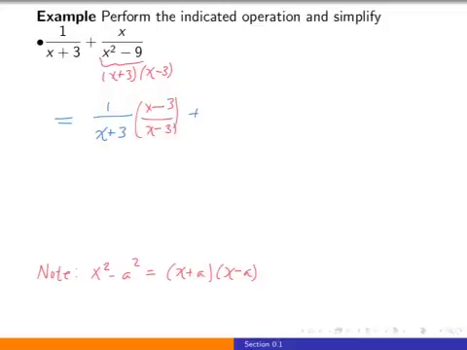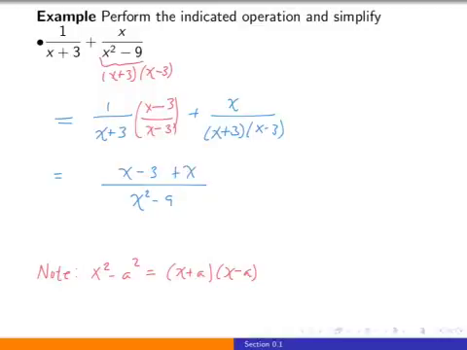And then we are adding on x over x plus 3, x minus 3. So we have the common denominator we are looking for, x plus 3 times x minus 3, that's x squared minus 9. In the top we have x minus 3 in the first term, plus x in the second term. And this simplifies nicely as 2x minus 3, all divided by x squared minus 9.